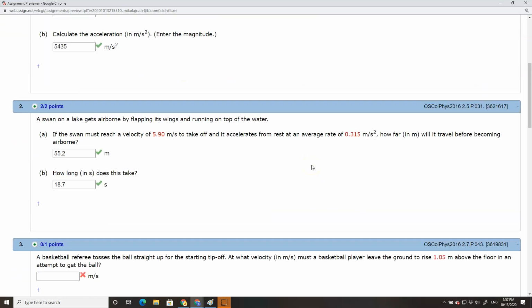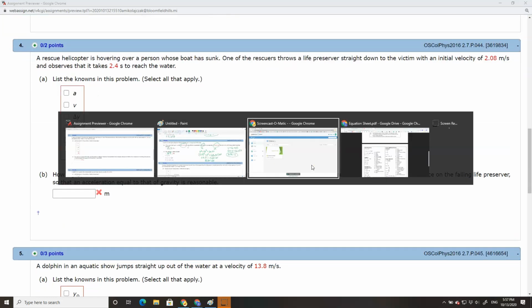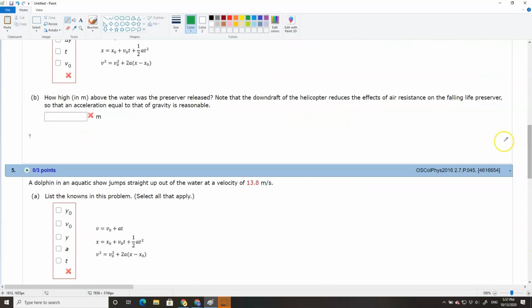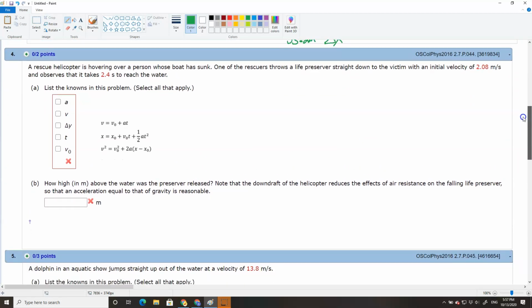Once again, number 3 was done in class, so I'm going to skip it and move on to 4. In 4, you have a person in the water calling out for help, and the helicopter above them is going to drop a life preserver.